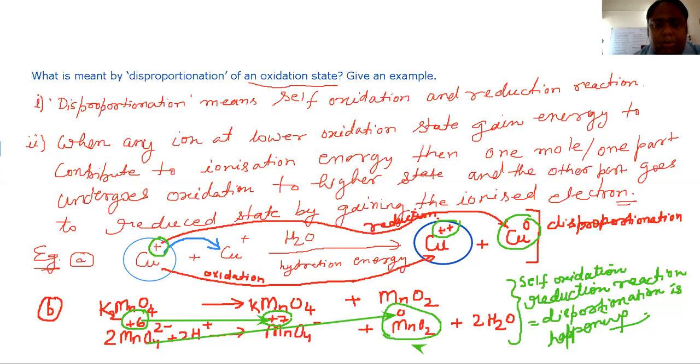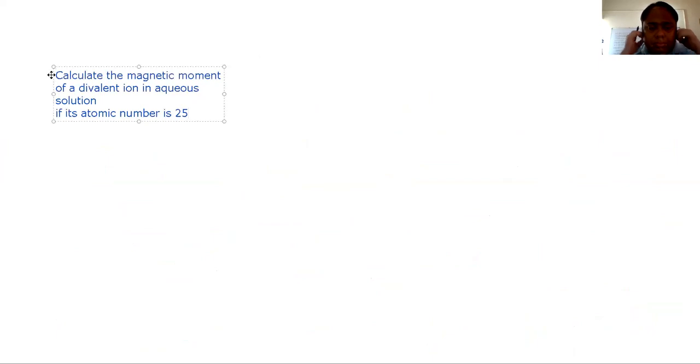Okay. How to calculate the magnetic moment in terms of Bohr magneton? Atomic number is given.